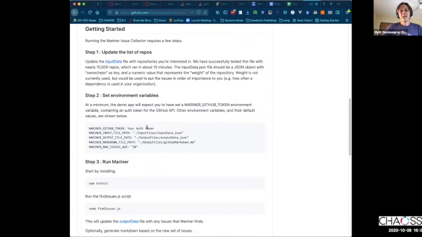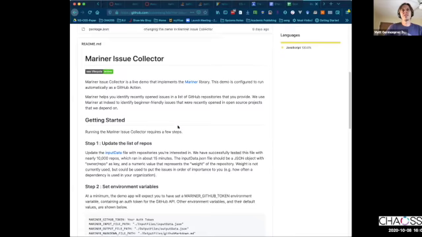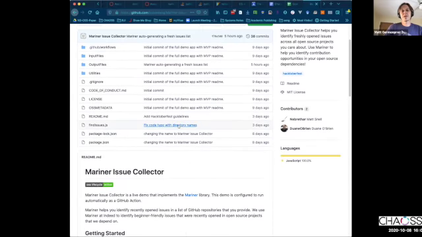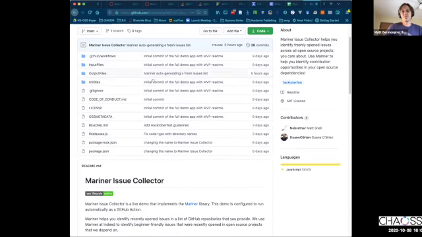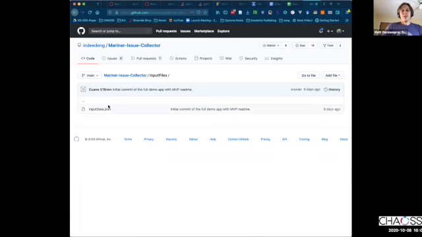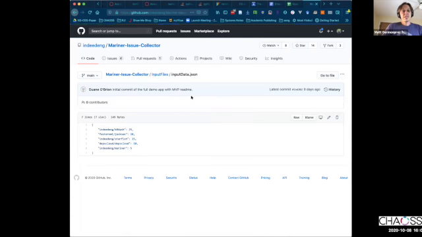The idea was that you could identify easy to solve issues on your dependencies and be a good corporate steward and help maintain that ecosystem. So that's what Mariner is.